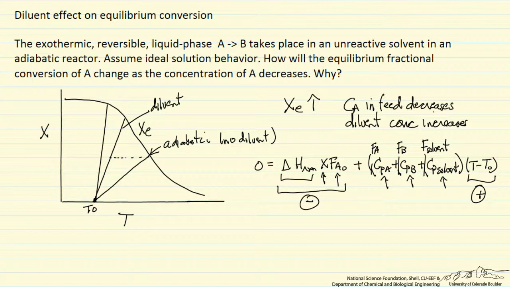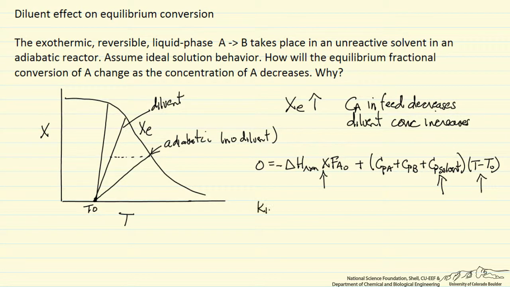So in practice, we could certainly do this to increase equilibrium conversion, but it has some clear downsides. Now the kinetics of the reaction are slower because we've decreased the concentration of reactant, and most reactions are proportional to some power of the concentration of the reactants. We also have more material, more feed to actually process.